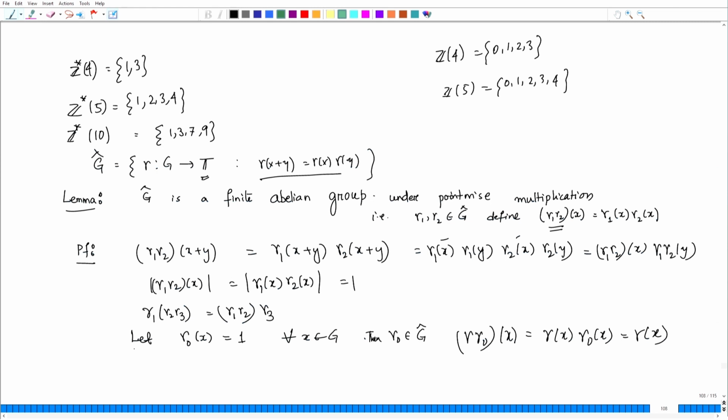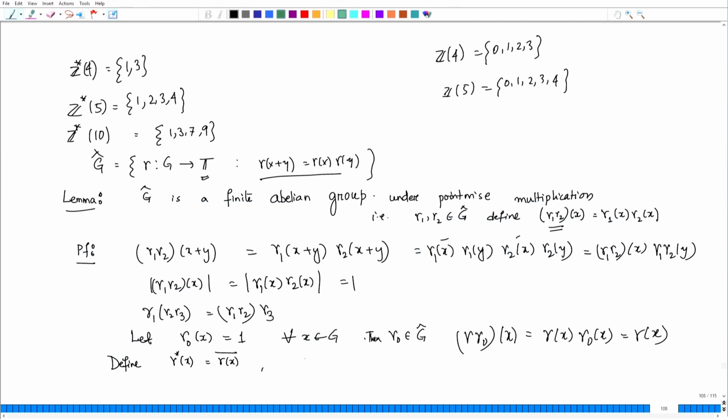Now, existence of inverse, that is what one needs to check. So, now define gamma star of x, which is equal to gamma of x bar.